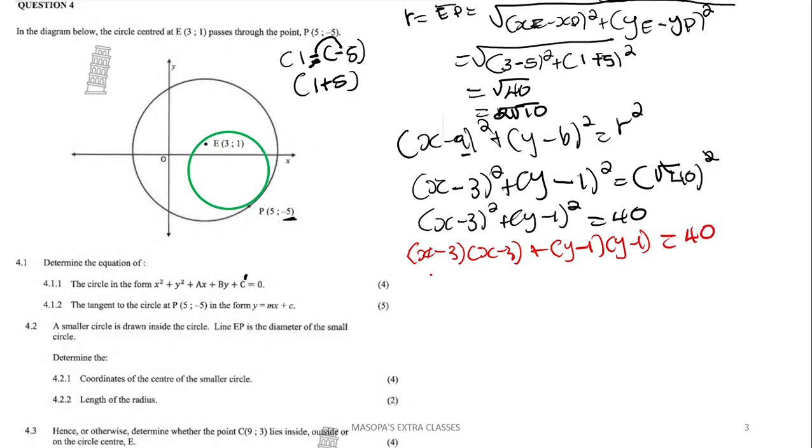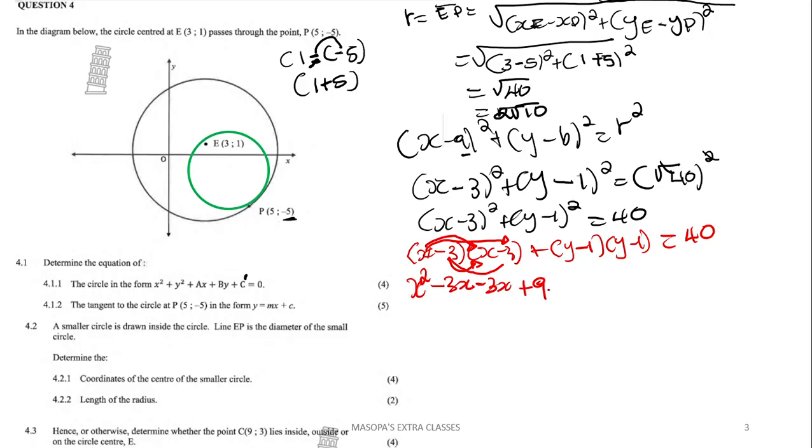Then meaning that you do the FOIL method, meaning x multiplied by x, you get what? x squared. Then x multiplied by -3, you get -3x. As well as when you say -3 multiplied by x, you get -3x. Then -3 multiplied by -3, you get +9.